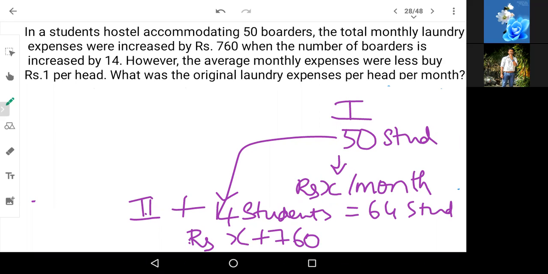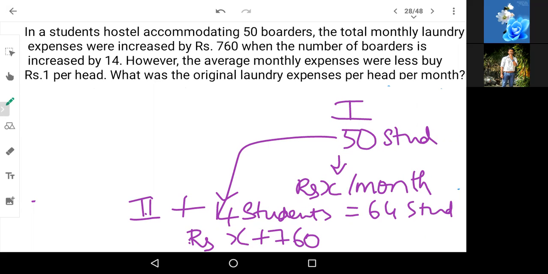Okay, this is the first sentence. Did you all understand this? First, there were 50 students. They were having some laundry expense. Laundry expenses means when they give their clothes for washing and ironing, that is called laundry, or dry cleaning. All that together is called laundry.